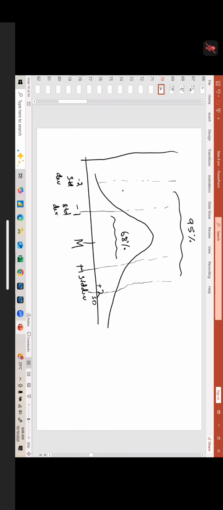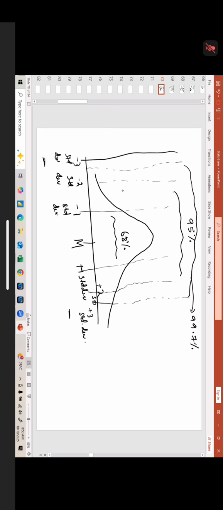And 99.7% of the values lie within minus 3 standard deviations and plus 3 standard deviations. Is this understood? Anything beyond plus 3 or minus 3 standard deviations from the mean is an outlier. Simple. Yes or no?